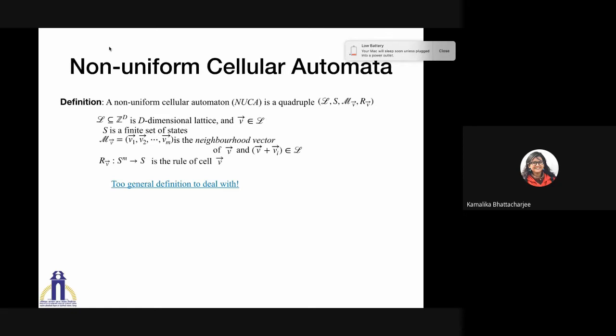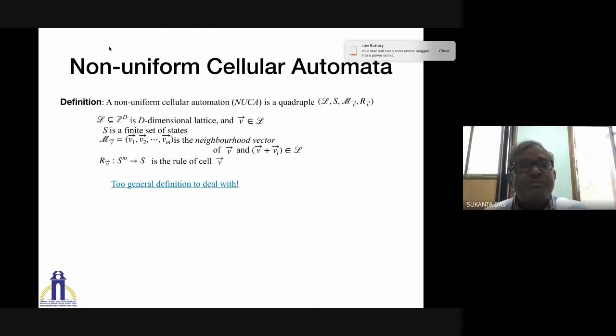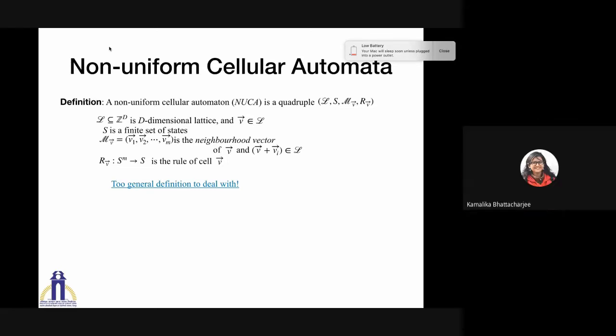By M we are mentioning only one cell, so the definition is specifying one cell only. Right, for arbitrary V, and for all V. But how can we say this from the definition?